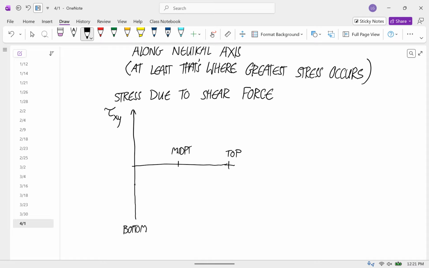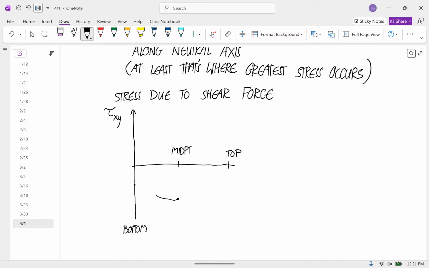Well, I said for a circular cross section, the biggest stress due to shear force happens at the midpoint. So maybe we would expect that to be the biggest value. Remember, a positive shear force corresponds to a negative shear stress. So our maximum absolute value is going to be there. And in this case, it's not going to be linear.